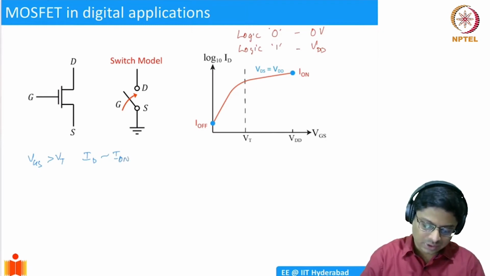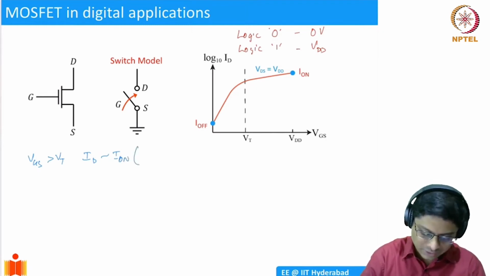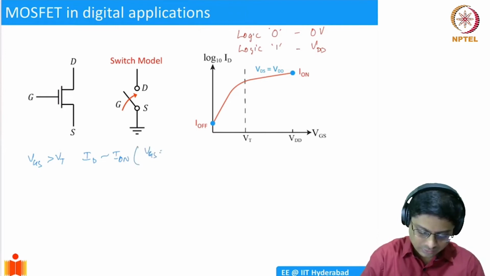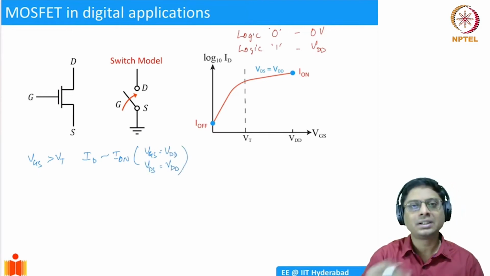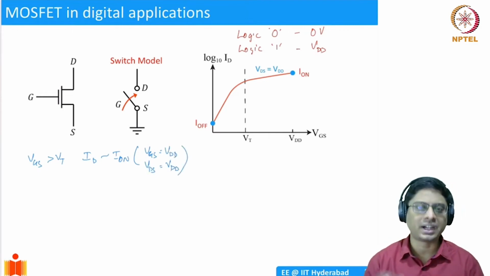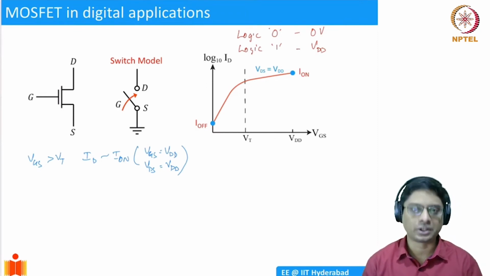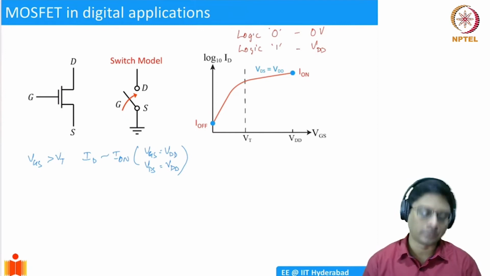Specifically, this is going to have VGS of VDD and VDS of VDD. If I put both my drain and gate voltages at the supply voltage, then whatever drain current I get, I refer to it as I on. That is when the switch is on.